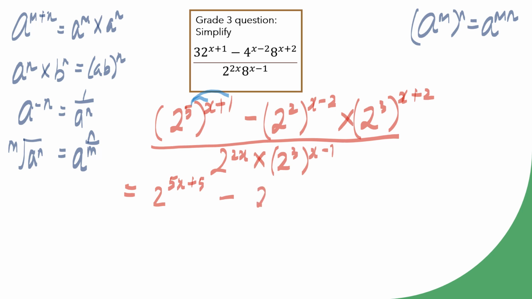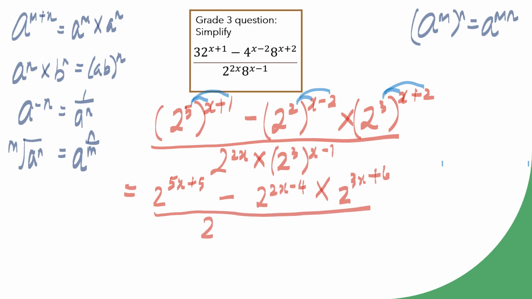Then the next one will be 2 to the power of 2x minus 4 times this times this. 3 times x, 3 times 2. Then over, times this times this.